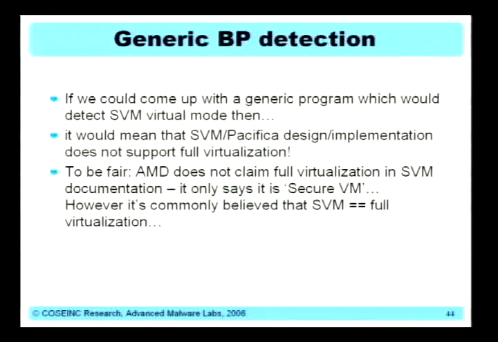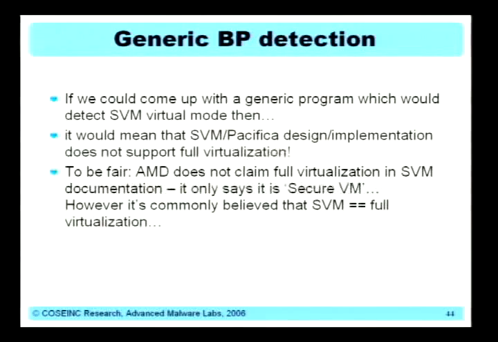But still, everybody believes that hardware virtualization can be used for full virtualization. And if we had a way to create a program which would behave differently inside VM and outside VM, this would mean that actually we don't have a full virtualization, right? So I would call it a bug in this SVM technology.